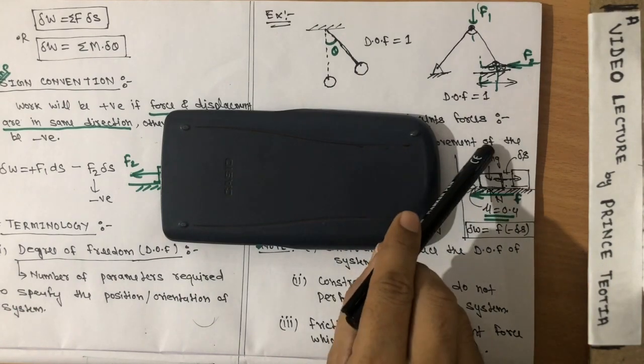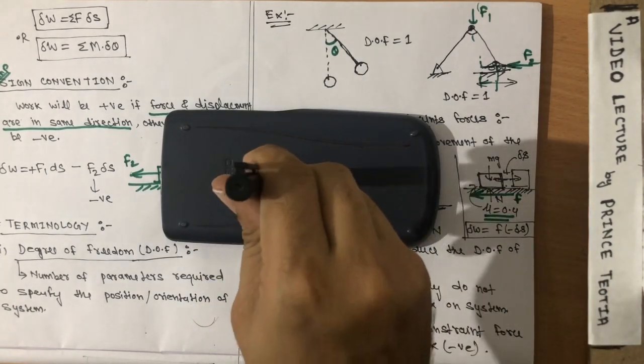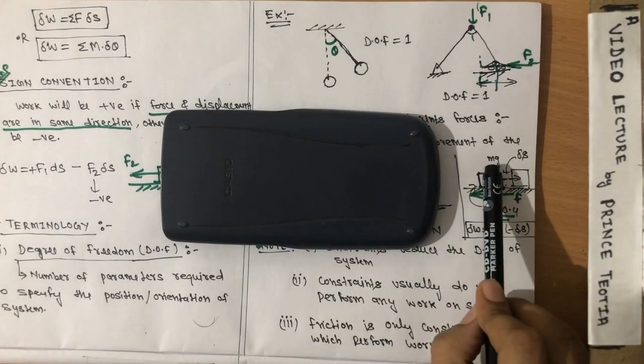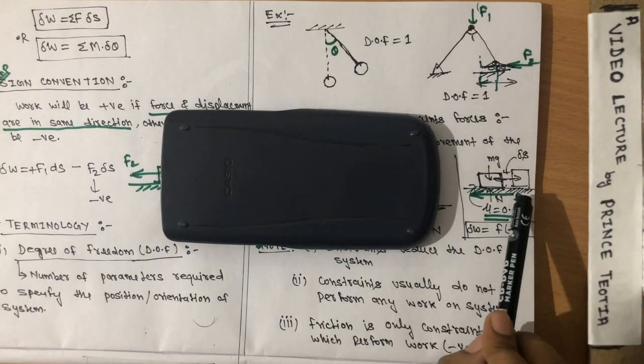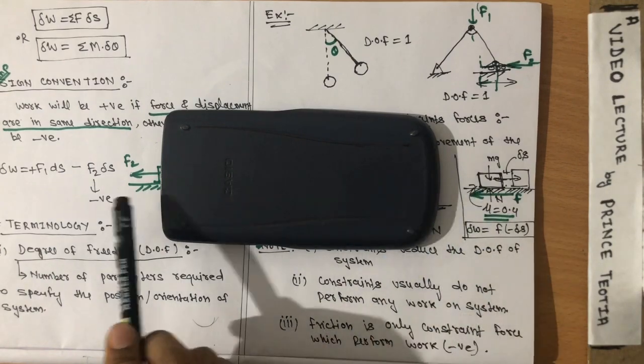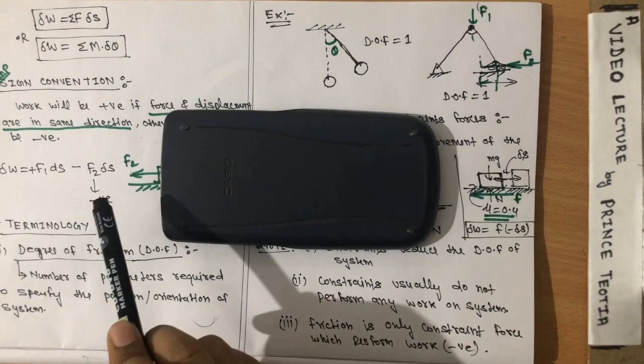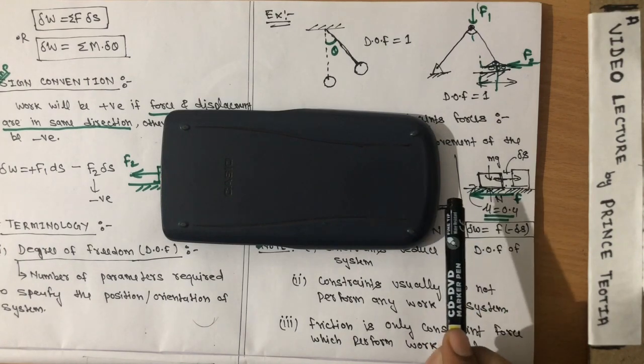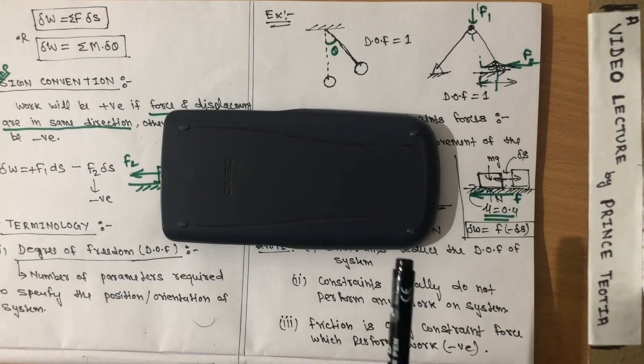First is the weight of the block, mg, in the downward direction, and there is a normal reaction in the upward direction, and there is a friction force in this direction. The friction force will always be in the opposite direction. So there are three forces.